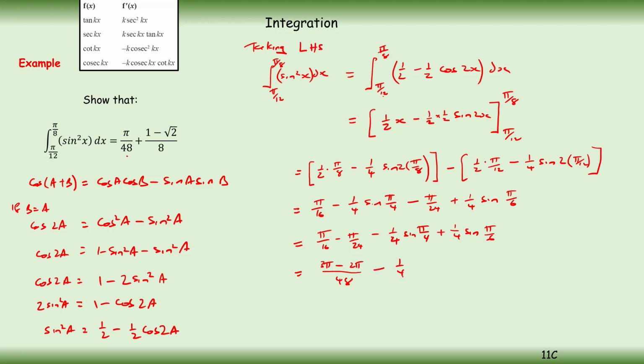Minus a quarter, sine of 45 is 1 over root 2 or root 2 over 2, plus a quarter, and sine of pi by 6, sine of 30 is a half. The dot means times, by the way. So we end up with pi by 48, which is perfect, minus root 2 over 8 plus 1 over 8.